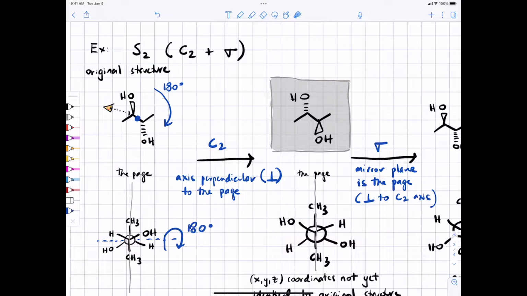Again, our axis of rotation is going to be perpendicular to the page and sort of bisecting the bond between these two carbons. We're also going to have below, if you would like it, a side view where the gray line indicates the page, and we're viewing this molecule from the left-hand side as shown here. Such that with the carbon in the front, the OH group is coming out of the page, the carbon in the back, the OH group is going into the page.